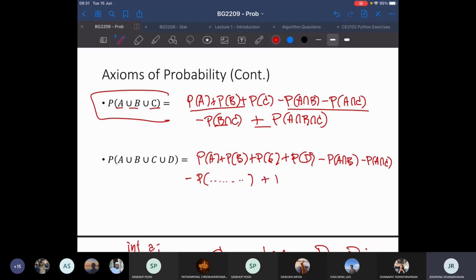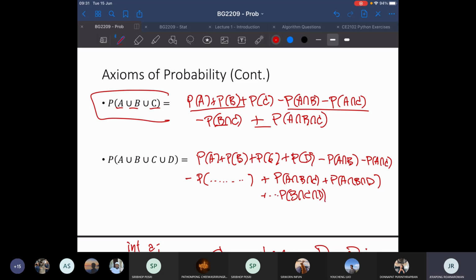And then plus A, B, C, and then plus A, B, D, and then plus B, C, D. You have to get them all. You can see that the signs change back and forth.